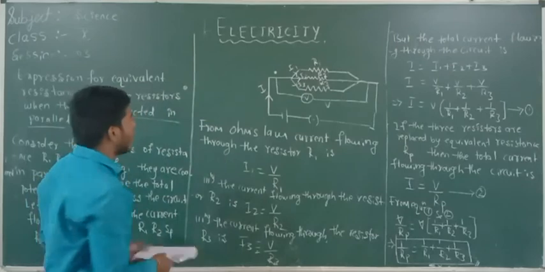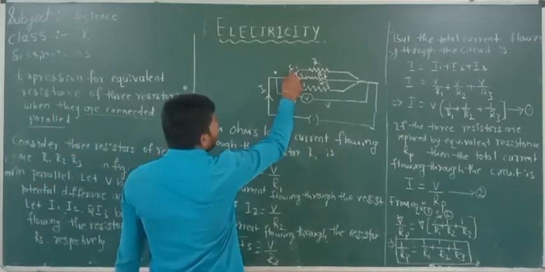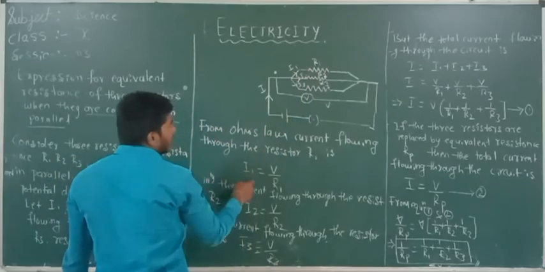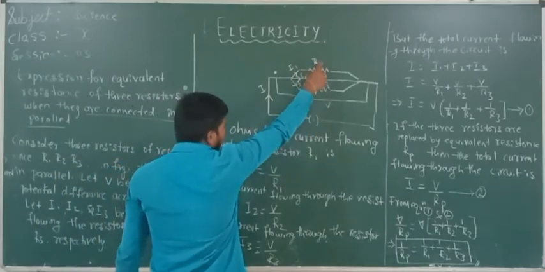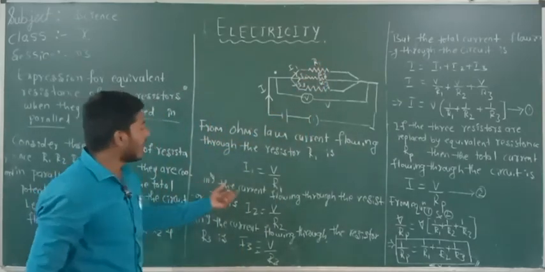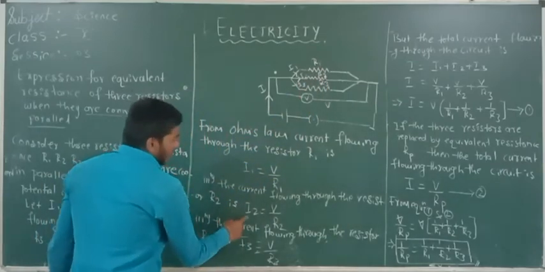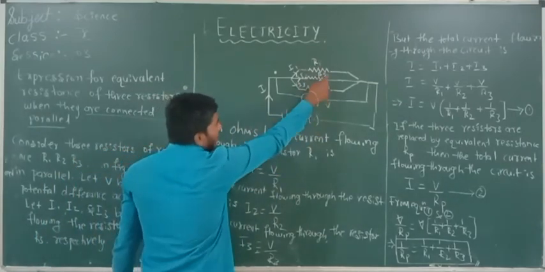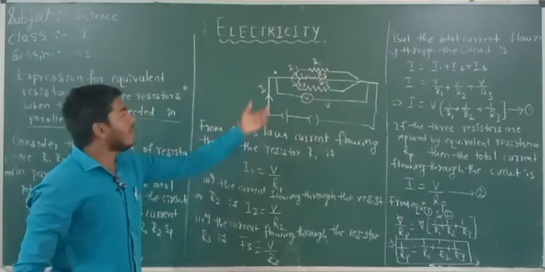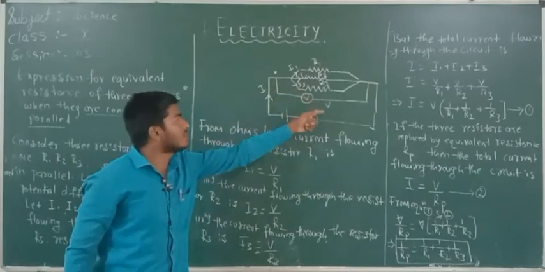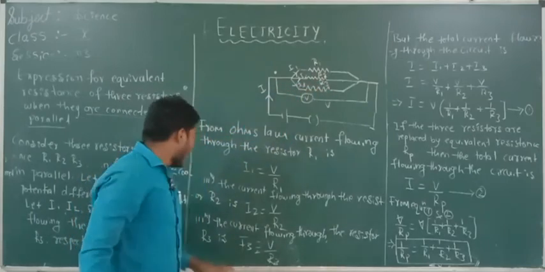From Ohm's law, the current flowing through the resistor R1 is I1 equal to V divided by R1. Similarly, the current through R2 is I2 equal to V divided by R2, and the current through R3 is I3 equal to V divided by R3.